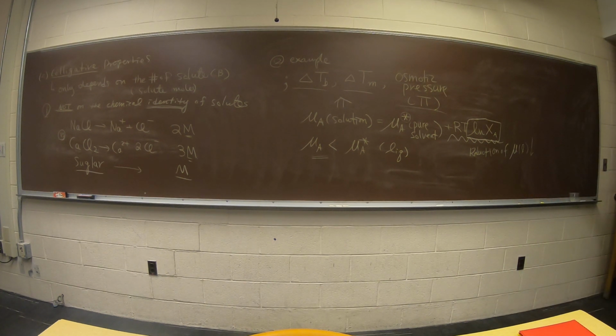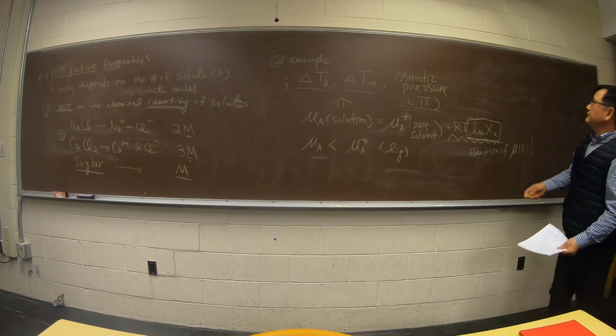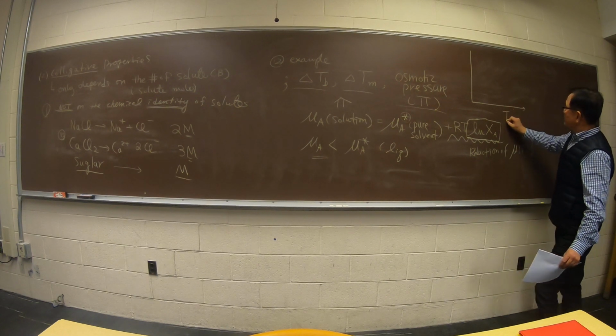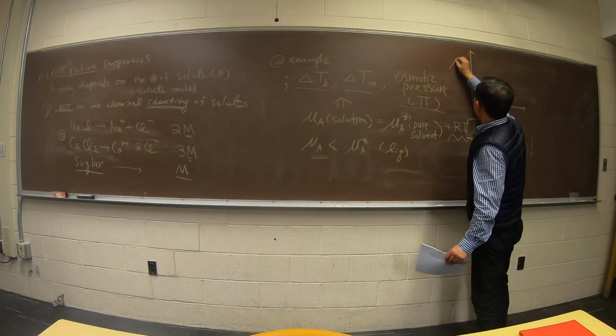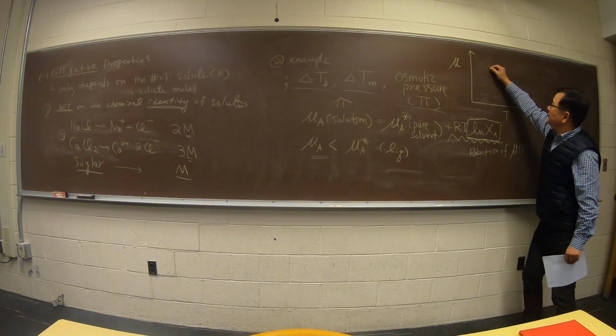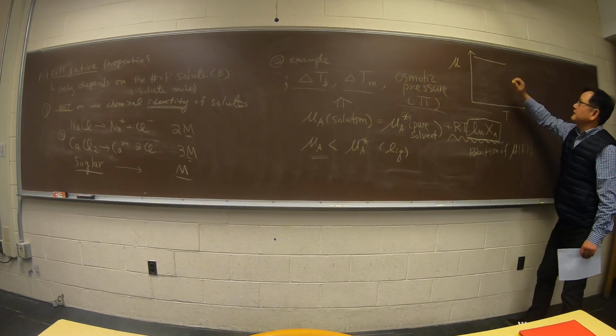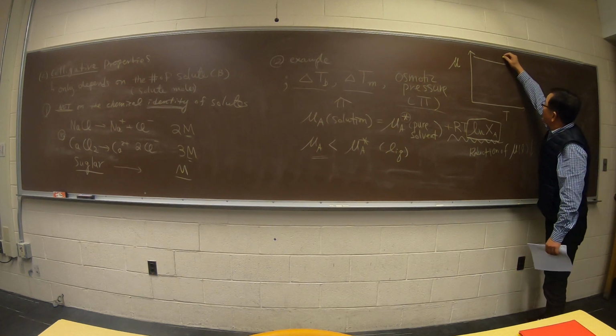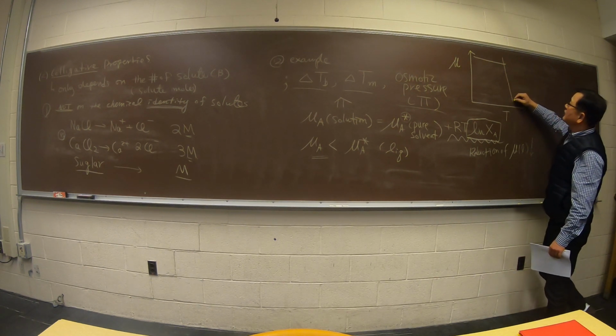Okay, so I explained that last time. When looking at the chemical potential of different phases as a function of temperature, the solid has the lowest slope, minus delta S for the solid, and the gas has the steepest slope.